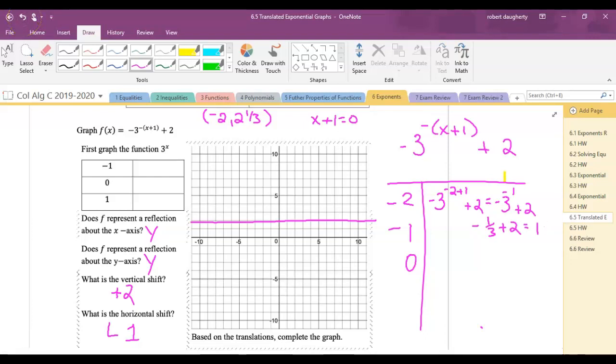Sorry, you guys. 2 minus 1/3 is 1 2/3. So this point right here is 1 2/3. 2 minus 1/3. Okay. So the next one is going to be what?